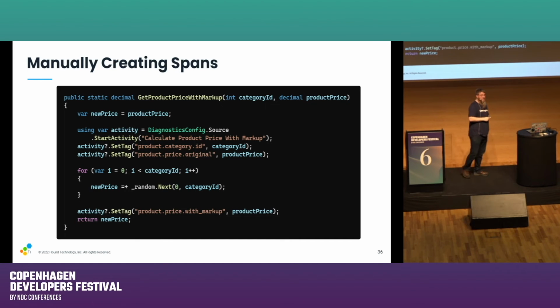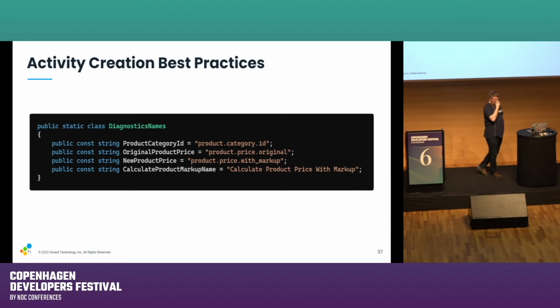Now, we had our diagnostic config class. The next class I would advise people to make is a diagnostic names class, which contains constants. What that means is that everybody uses the same names for their tags. Now, I'd actually suggest that people go a step further than this when you're working in microservice platforms and put this in a shared NuGet package that everybody uses.